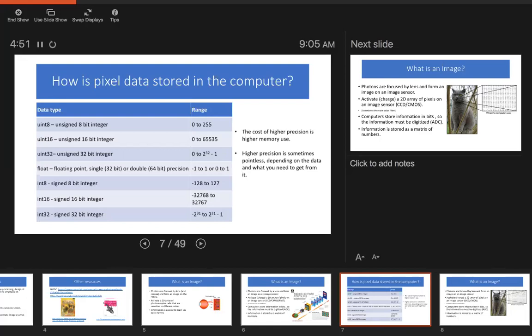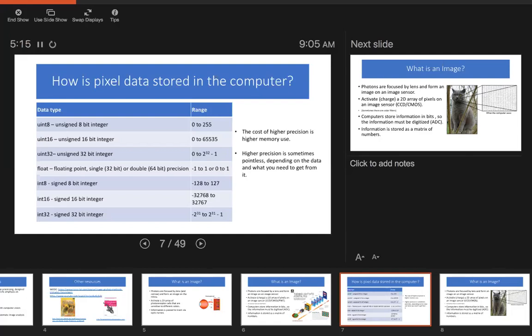So if I have 65,000 levels, I can differentiate more than if I have 255 levels. The downside of this is that it takes more to store more information, right? So the cost of higher precision is more memory use. And also, sometimes it's pointless, depending on what exactly we want to get out of an image.